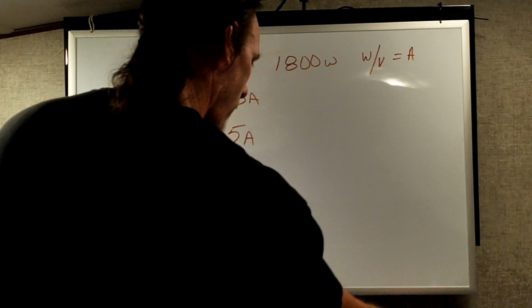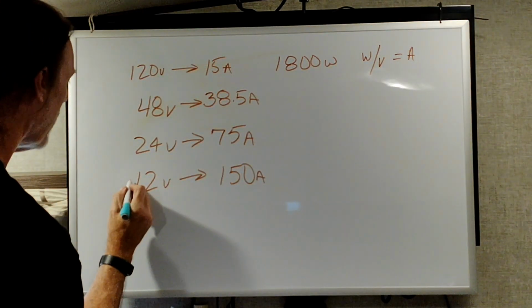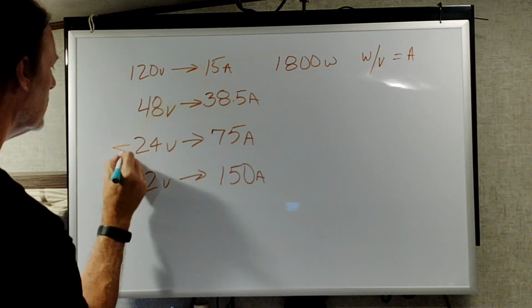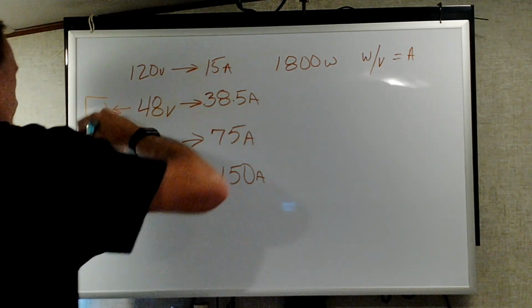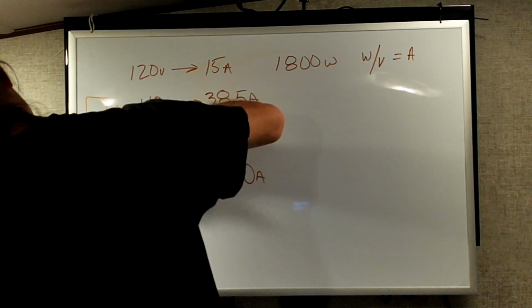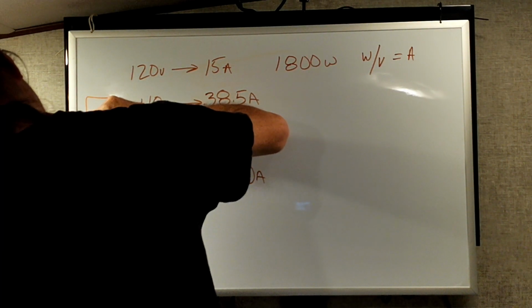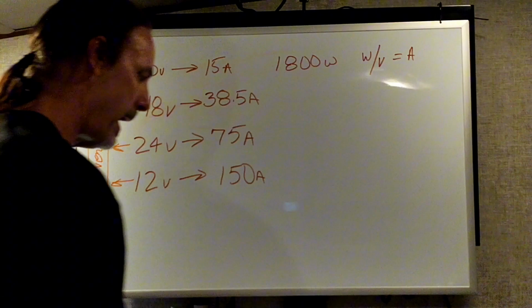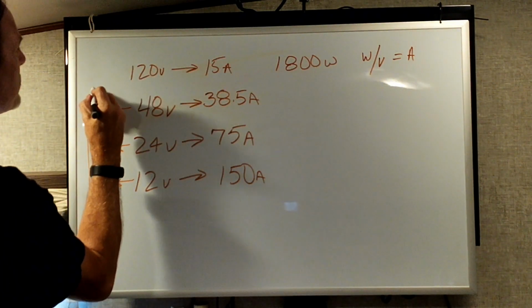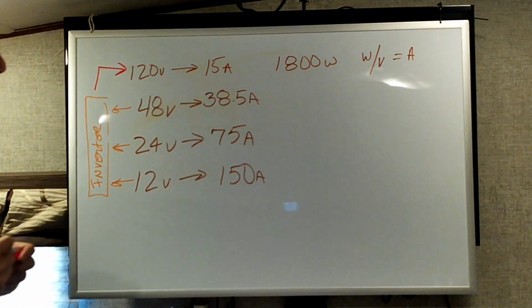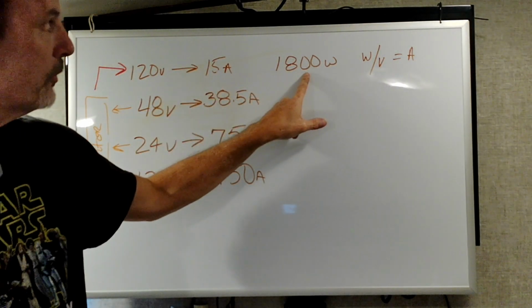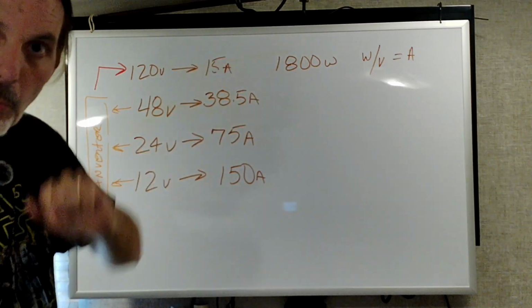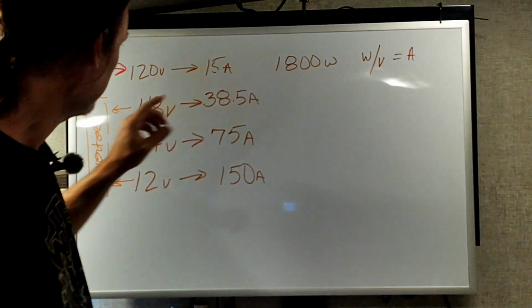So we will just draw that up here as the power comes from these, goes into the inverter, and comes out on this side as the 120 volt, 15 amp, 1800 watt wall plug that you're looking for.